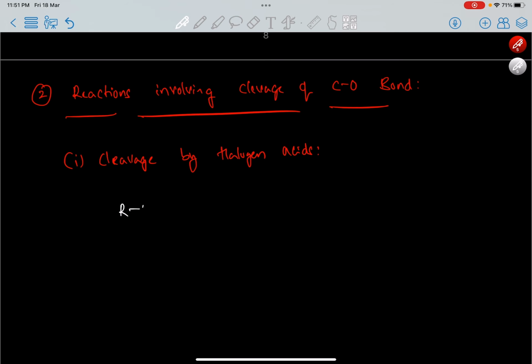When we have ether and we add halogen acid at 373 Kelvin, I repeat, at 373 Kelvin, what do we get? We get alcohol along with alkyl halide.